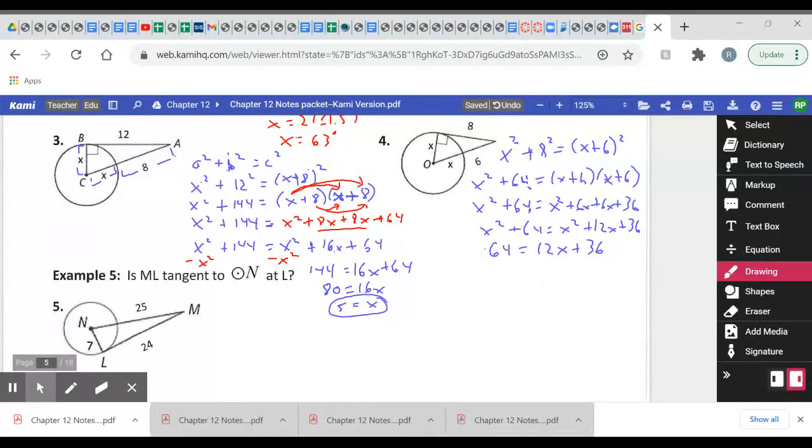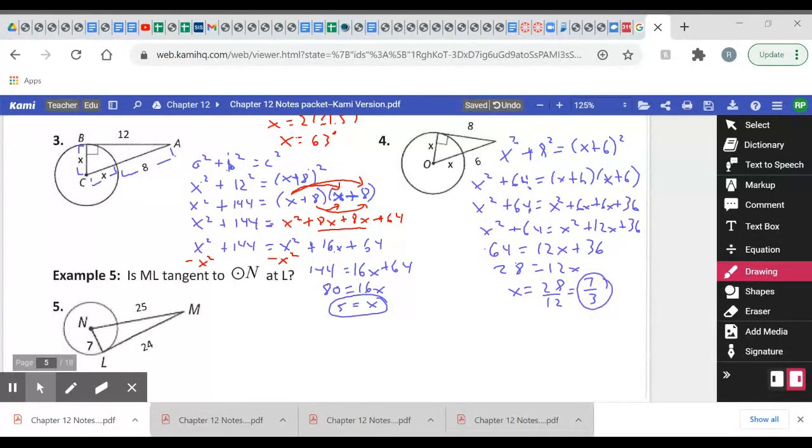And then if I subtract 36 from both sides, I get 28 is equal to 12x. And when I divide by 12 on both sides, I end up with 28 over 12, which reduces down. If I divide 4 into both the numerator and denominator, I end up with 7/3.